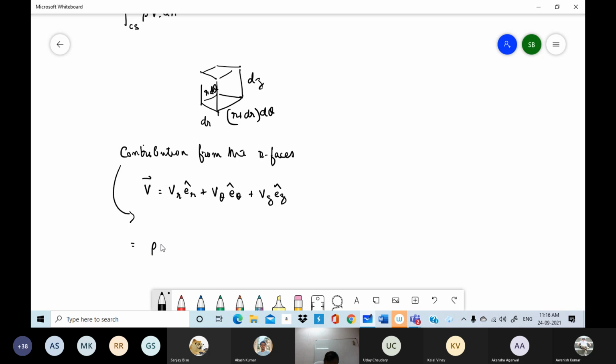rho at r plus dr into v_r at r plus dr into the area. The area of this face is (r plus dr) d theta dz.